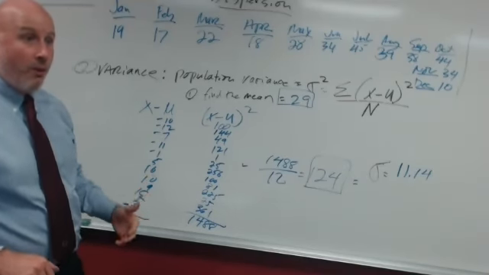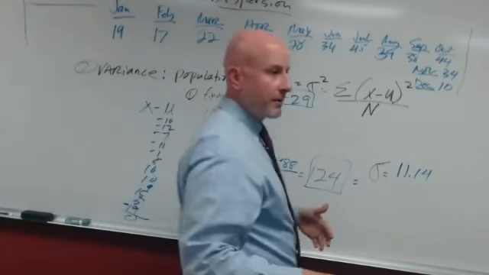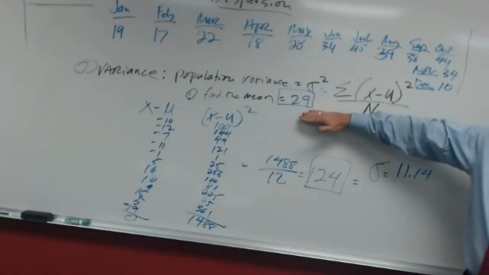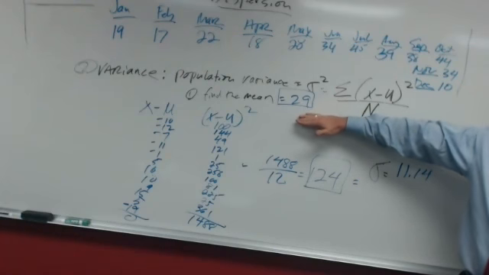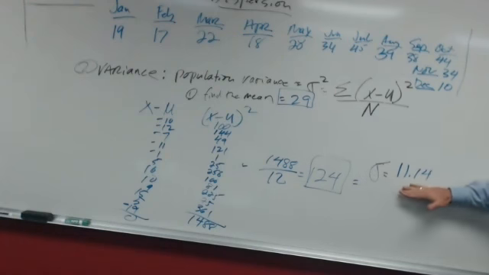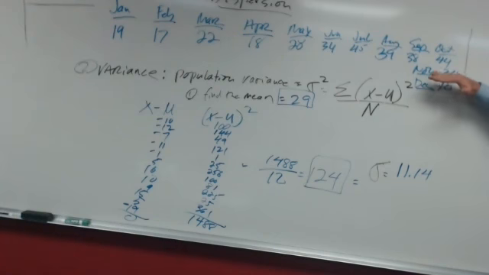No. For planning purposes, I could assume that on any given month, my values would be 29 plus or minus 11.14. That would be the relative range that I would expect the number of citations to come in.